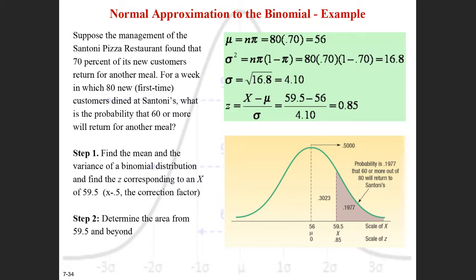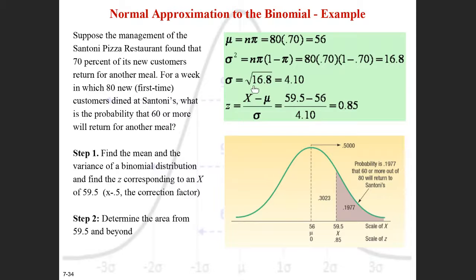All right, so first we have to find the mean and the variance. The mean equals 80 times 0.7 equals 56. The variance is 80, that's your first-time customers, times 0.7, that's 70%, times 1 minus 0.70 equals 16.8.